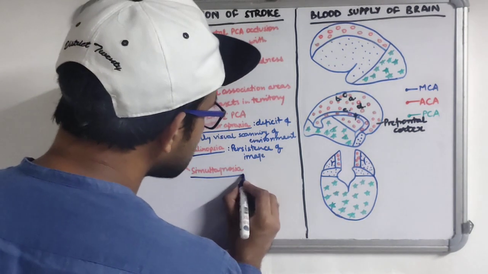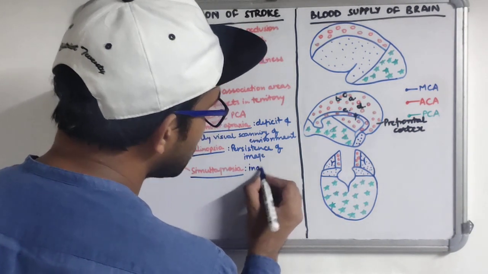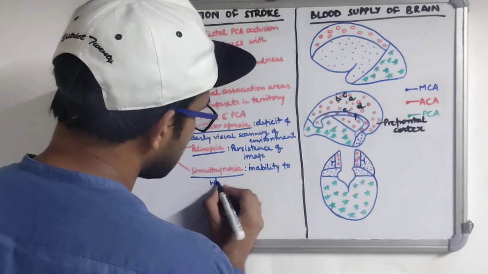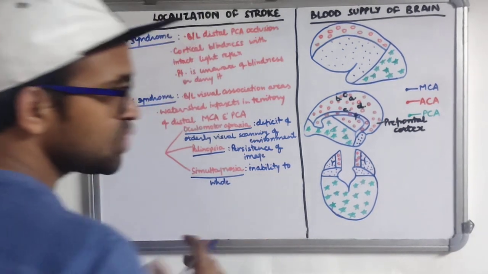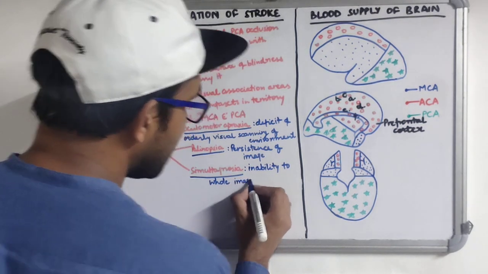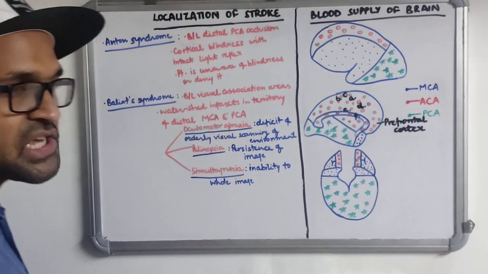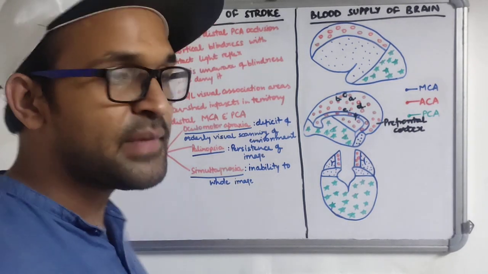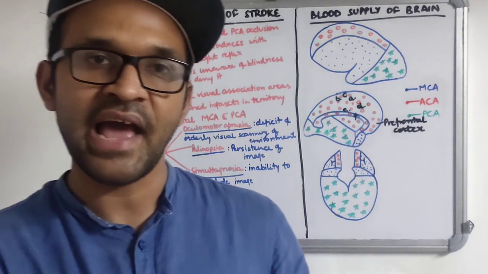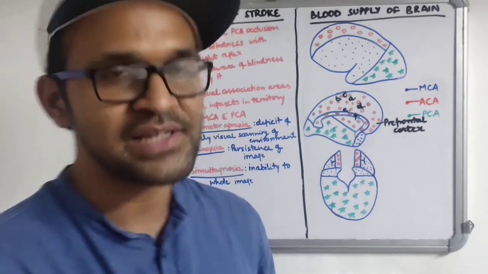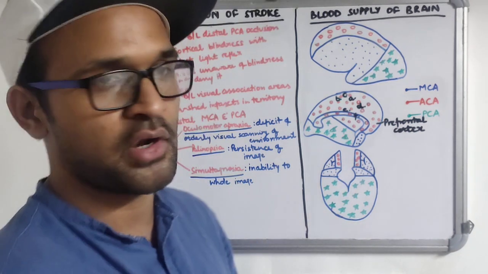And simultagnosia is inability to form a whole image. The patient is not able to simultaneously form a whole image. It is classically described as the patient misses the forest for the trees. That means supposing I show him a table lamp and ask him to name it, he'll look at the base of the table lamp and say it is an ashtray.